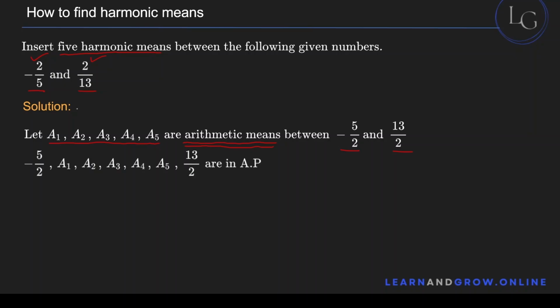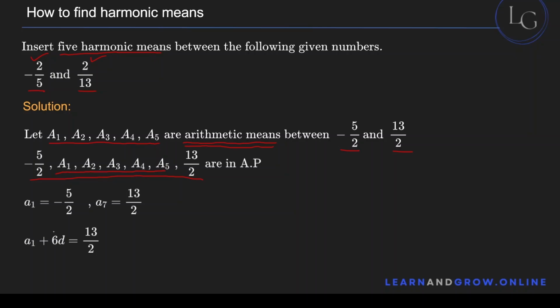So we have this arithmetic progression over here, 7 terms, and so the first term a1 is minus 5 by 2 and a7 is 13 by 2. Well, simple. So we have to find basically the value of d, the common difference, because only by finding out the value of d will we be able to find the values of these 5 means, and in turn the harmonic means.